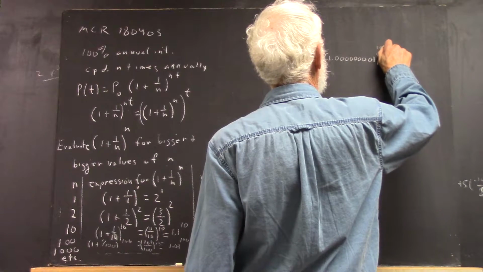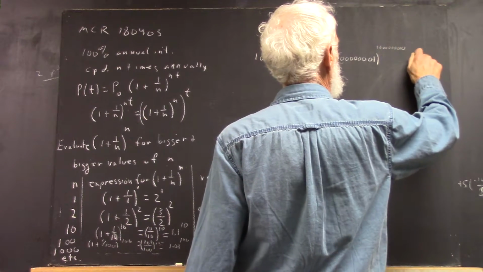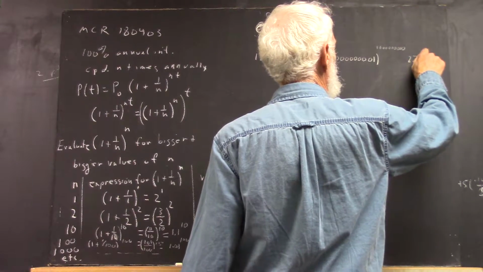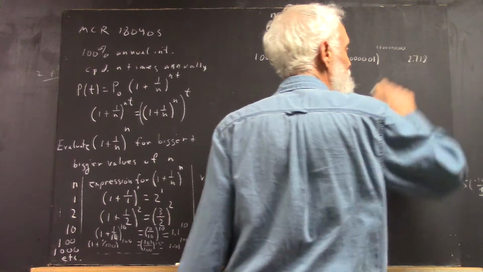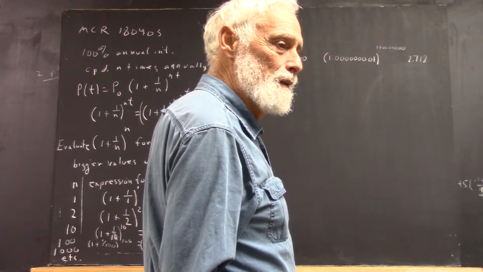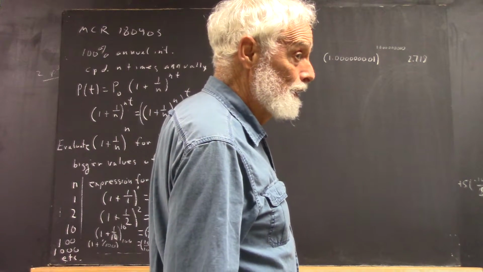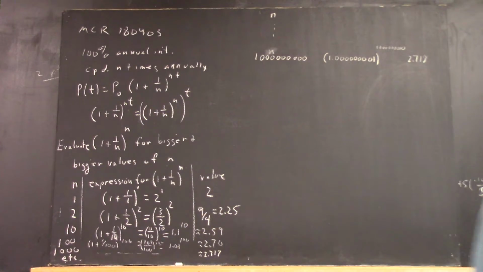Okay. And you get what? 2.7182. What'd you get? That's what I got. My calculator wouldn't let me go any farther than that. It wouldn't go past 2.718? Wait, the last thing that I got for 2.7.